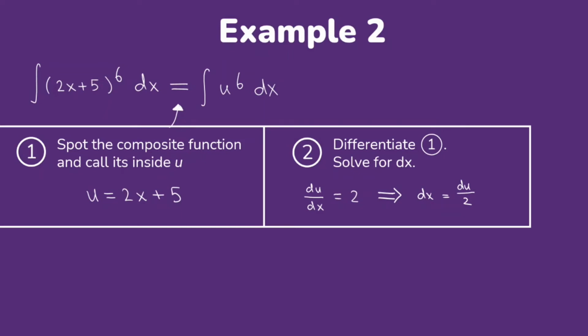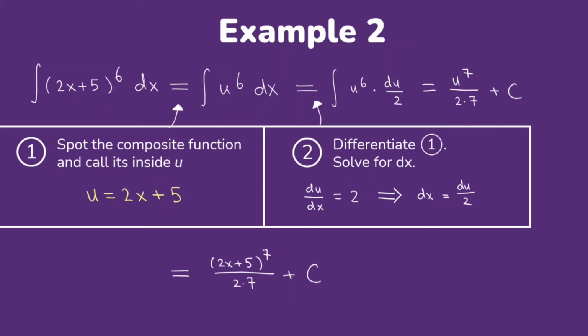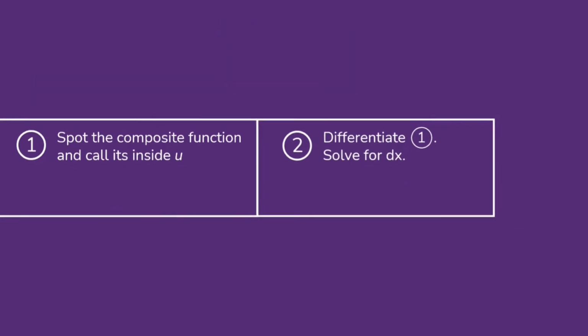Subbing in for dx, our integral becomes u to the 6th times du over 2. The power rule then gives u to the 7 over 2 times 7 plus c. Subbing back step 1 gives the final answer here.